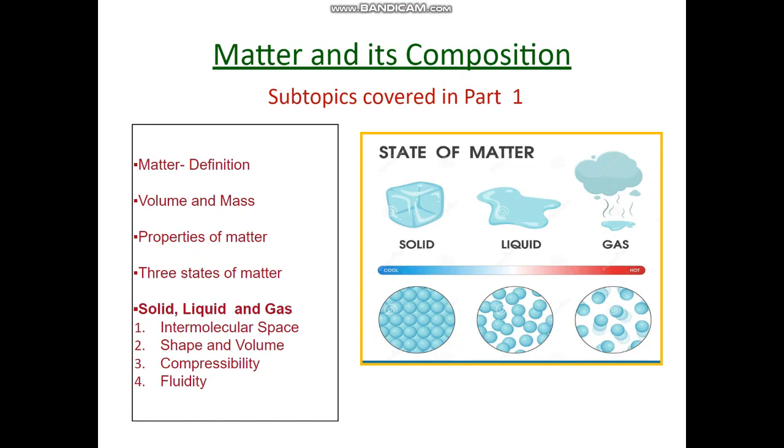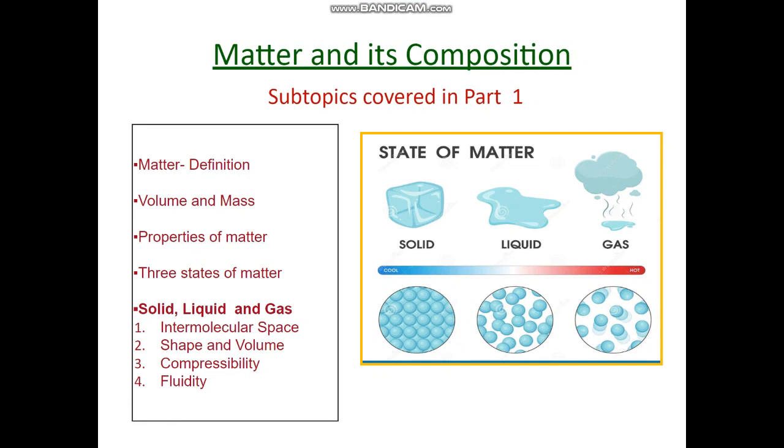There is no space in between the molecules in case of solid. Therefore, it will result in highest intermolecular force of attraction in case of solid state of matter, and there will be negligible intermolecular space between molecules in the solid state of matter.